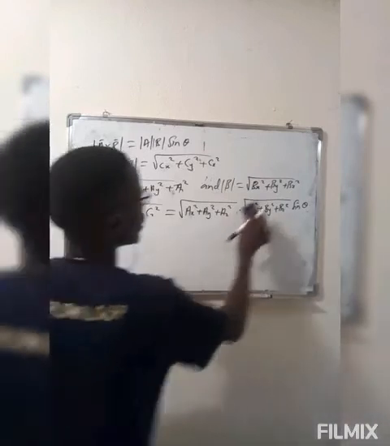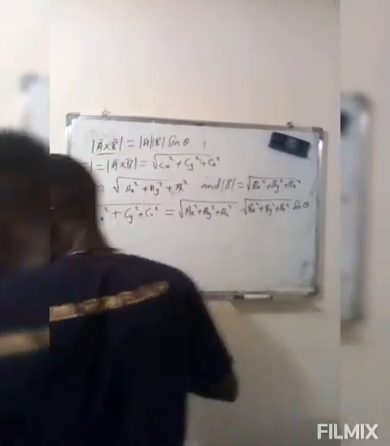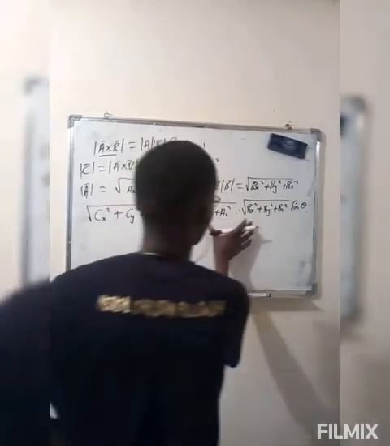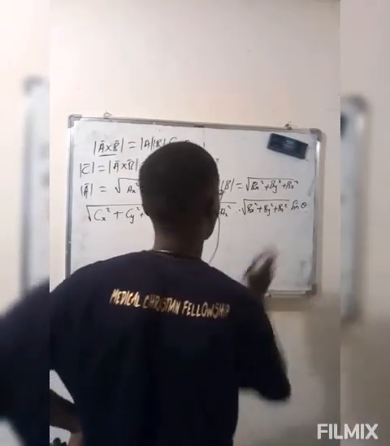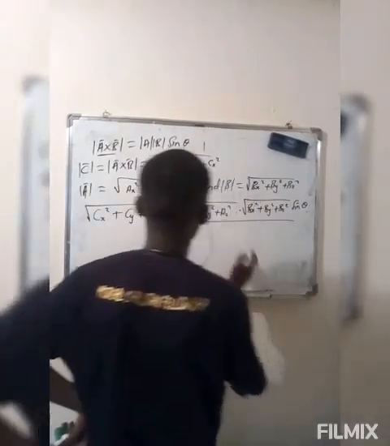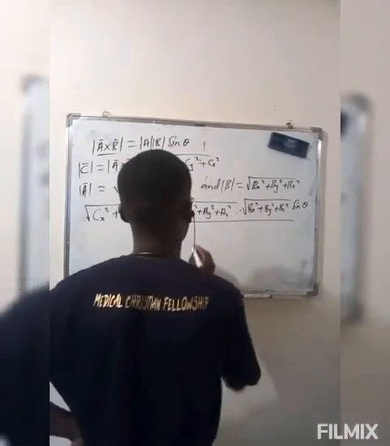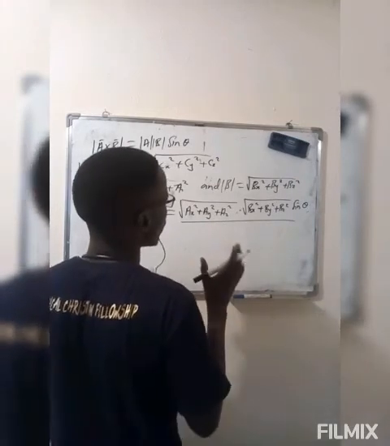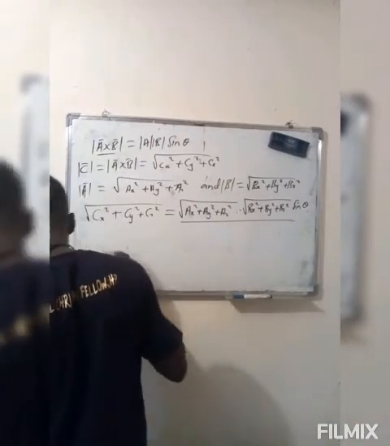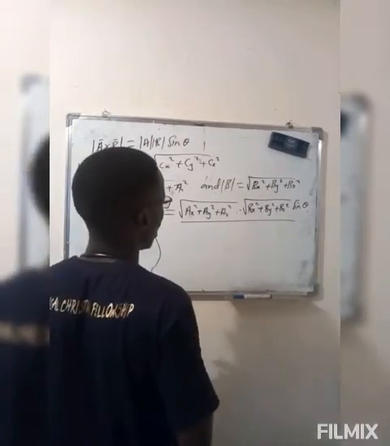So we can divide both sides by this, in other words, to make sine theta the subject of the formula. We can simplify it further anyway, but we're not going to go that direction. By the way, if we had definite values, we would not be dealing with all these lengthy formulas.